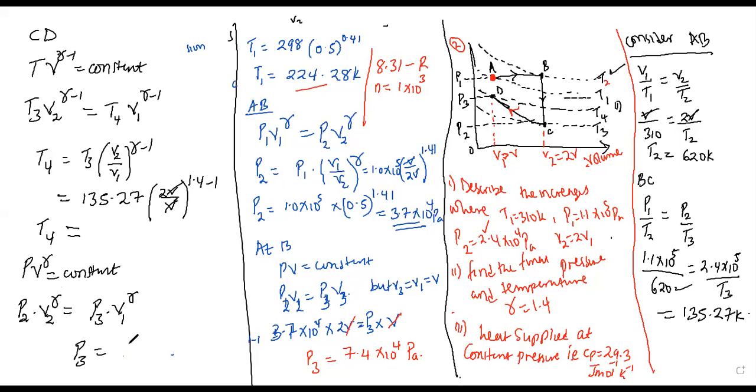Then P3 would be P2 times V2 over V1 power gamma, which is P2 into 2V over V power gamma. Therefore, you would get P2 times 2 power 1.4. Then you substitute and find the pressure.